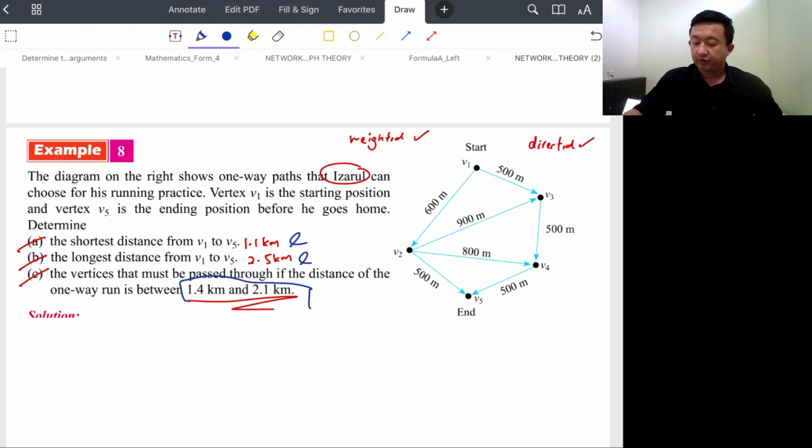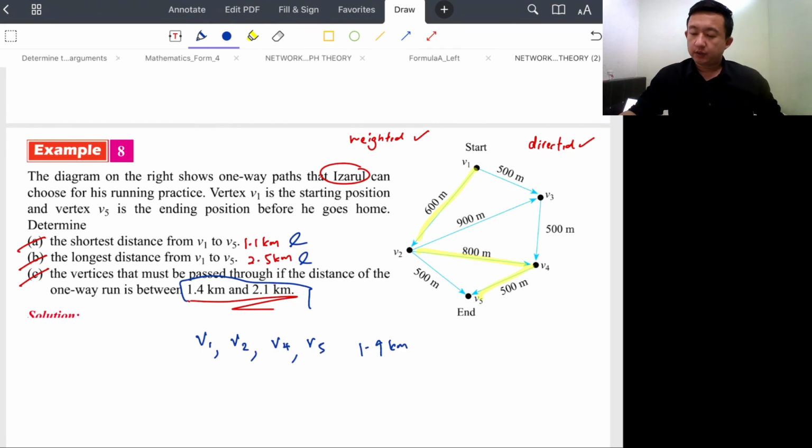Because it's between 1.4 and 2.1. So maybe 1 to 2, 2 to 4, 4 to 5. 1.4, 1.9. Yes, this is between. So you have V1, V2, V4, and also V5. How many? 1.9 km.